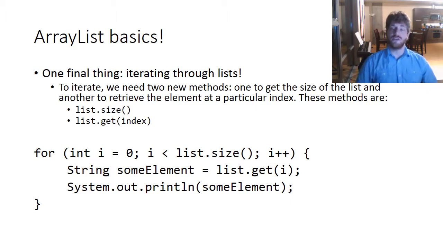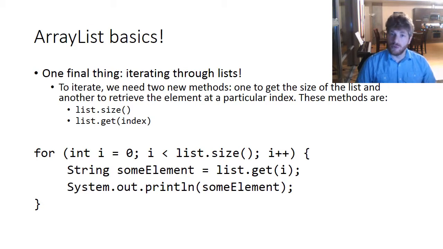Well, if we want to iterate through a list, we need two things. First, we need some way to get the size of the list. How many things are in the list? Then we need a way to get an item at a particular index. And those methods are respectively size and get.